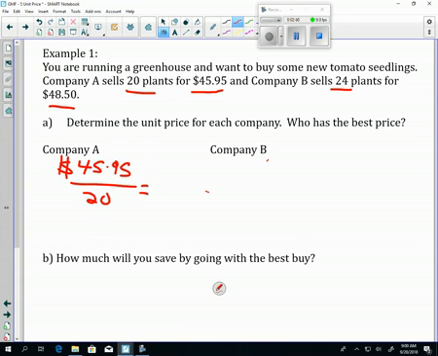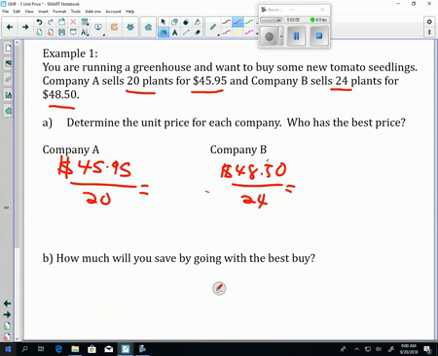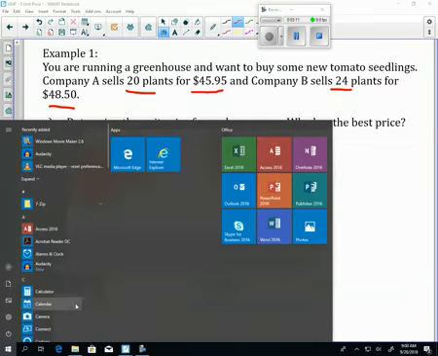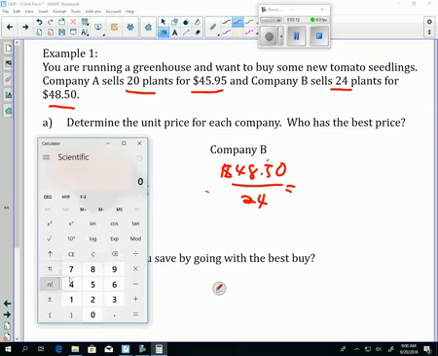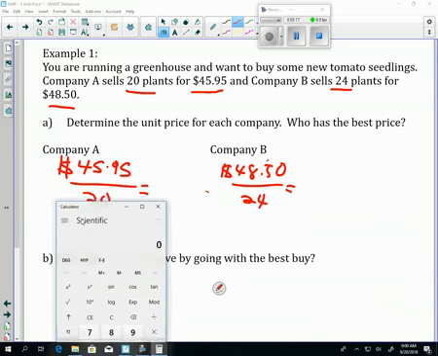And we do the same thing over here with company B. We take the money, $48.50, and we divide it by, in this case, 24. So using our calculator, $45.95 divided by 20.